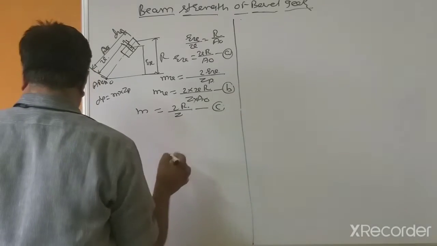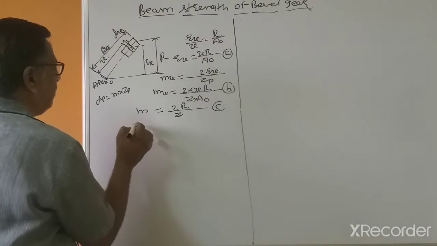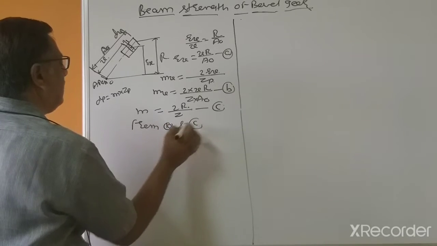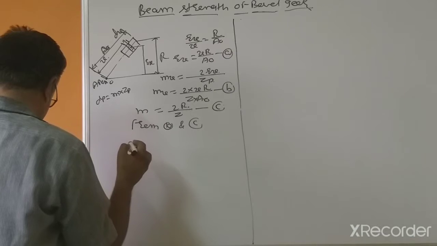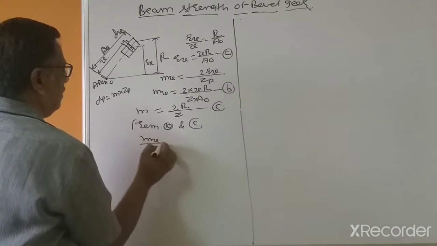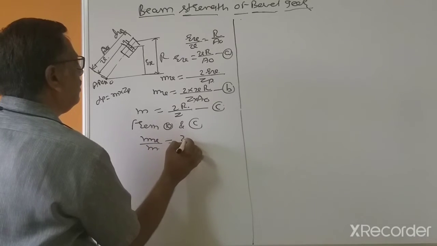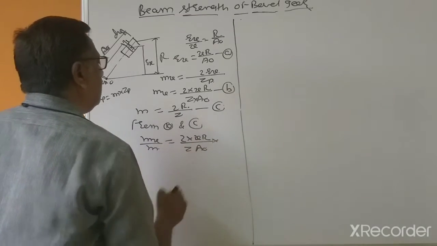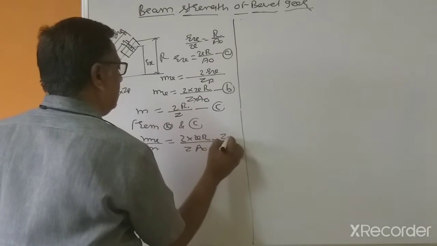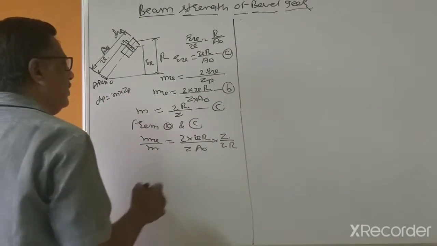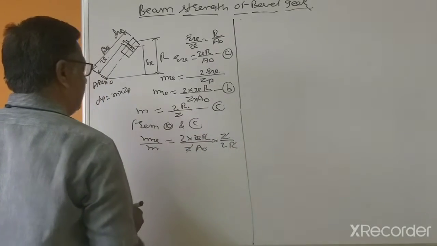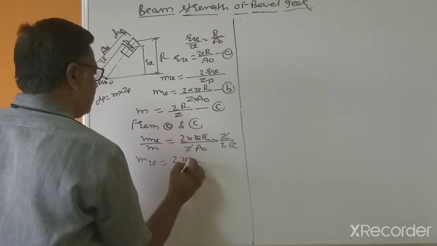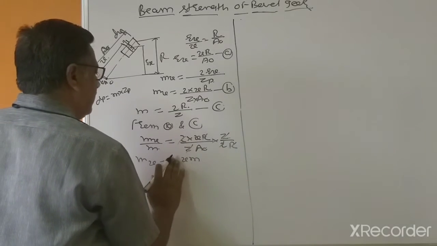This is equation C. So from equations B and C, mx divided by m equals 2xR divided by zA0 divided by 2R divided by z. So R will get cancelled, z will get cancelled, and the 2 also will get cancelled.